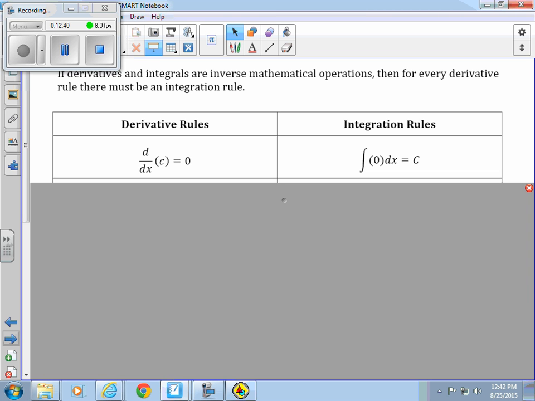Why is that? If we're talking antiderivatives, if the derivative is 0, what could the function have been? Any number, right? A constant.